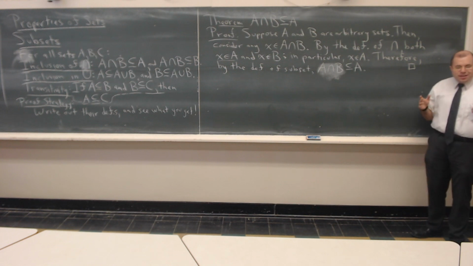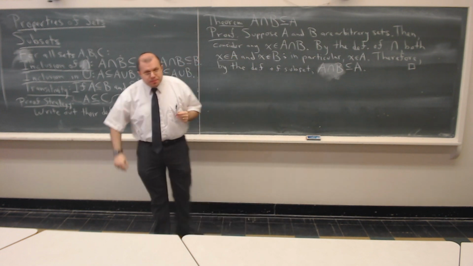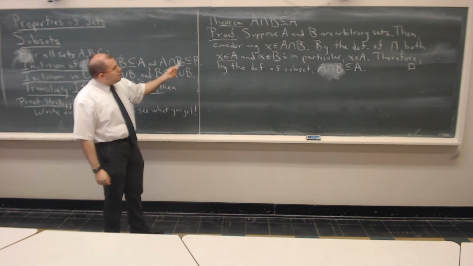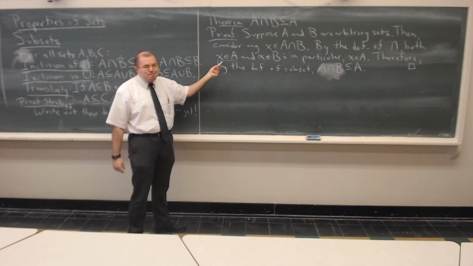But guess what? This follows in line with what I was just saying a moment ago over here. So if I just showed you that x is in A, right? It's right there.